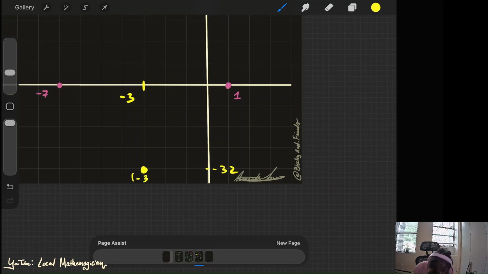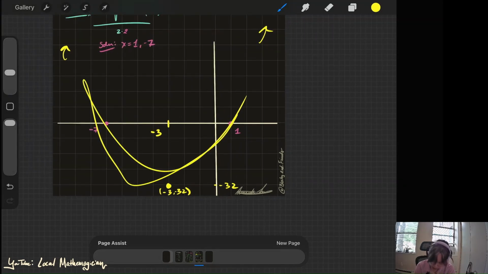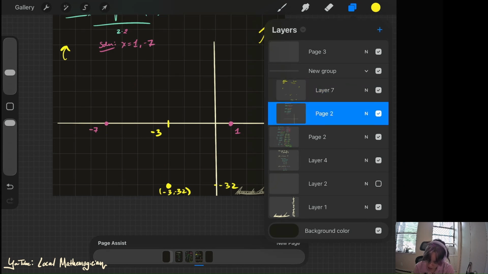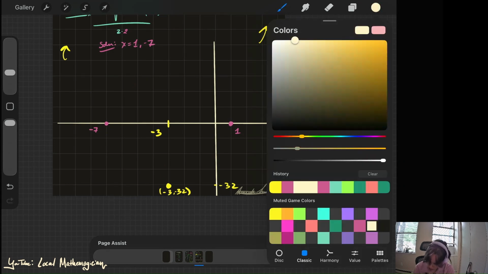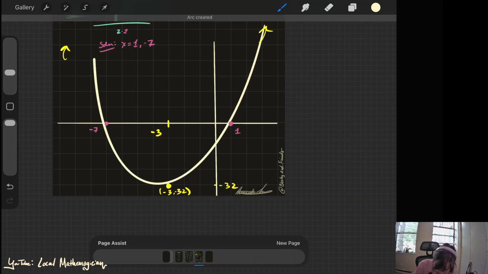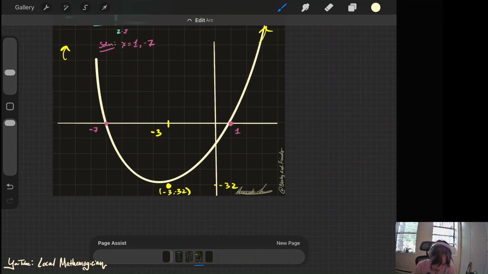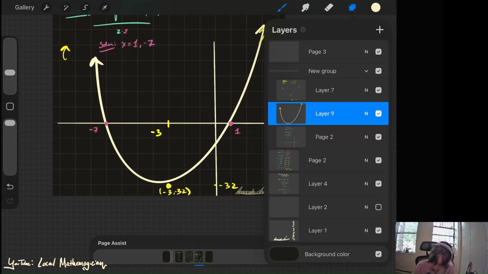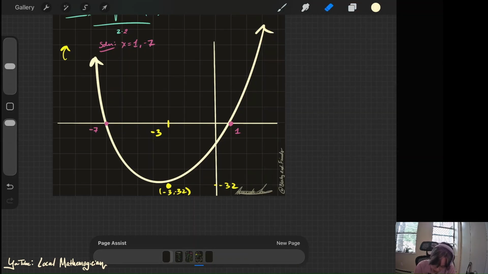You all of a sudden have a vertex at negative 3, negative 32, and that so far is matching. And then you can just go, oh, I know how that works. I could just curve this, not like that, like that. All of a sudden, you have a perfectly well-formed parabola.